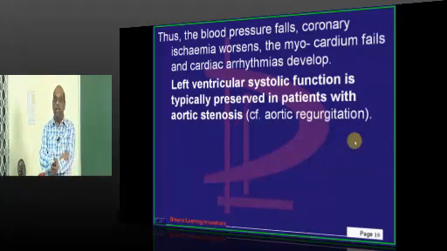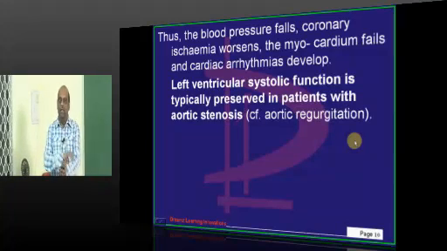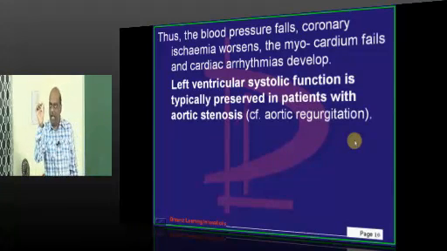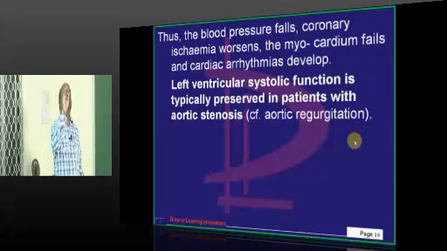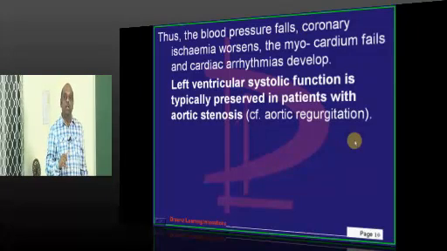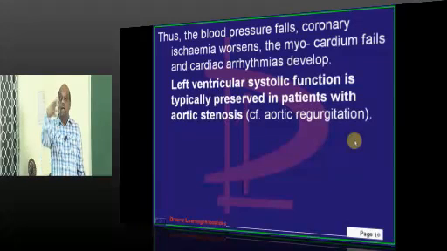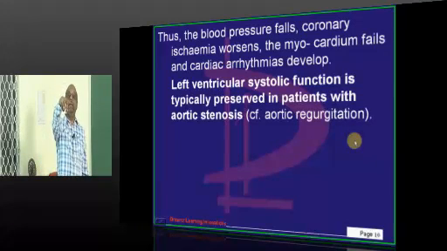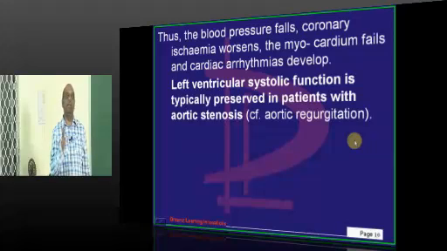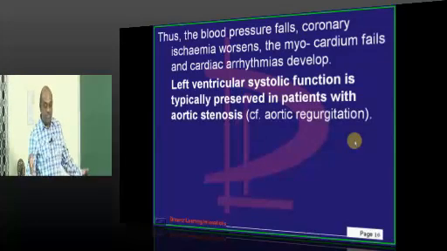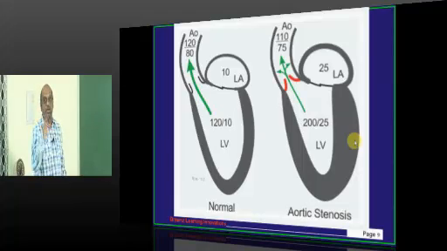When he gets hypertension, what is the problem for the left ventricle? On one side it has to push blood forward through a narrow valve, because of the stenotic valve. On top of it there is hypertension. The left ventricle will say, sorry sir, I can adjust and accommodate if it is only a stenotic valve.